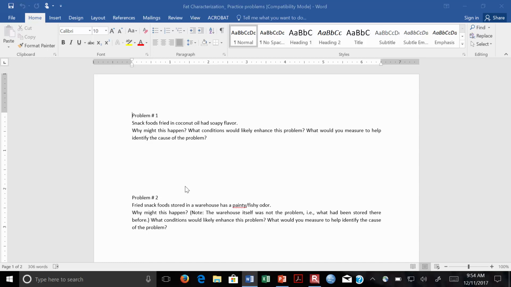You could also measure oxidation, just in case, to see if oxidation occurred as well. So you can do peroxide value, or TBA, thiobarbituric acid reactive substances, a test used to measure secondary metabolites.